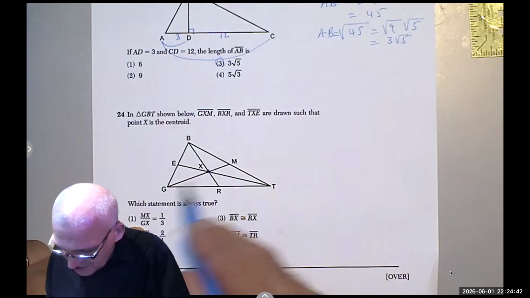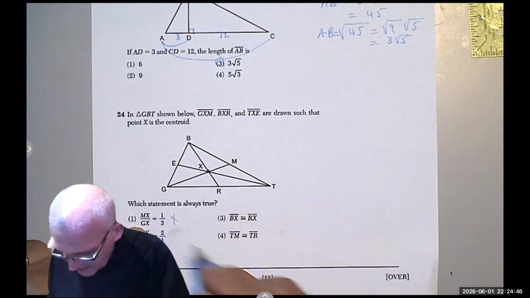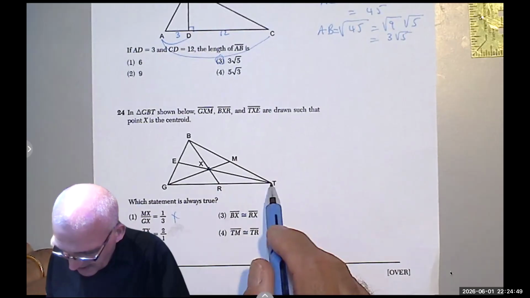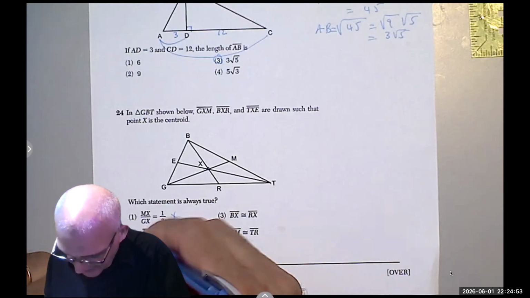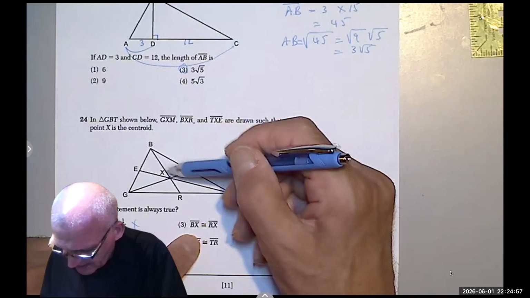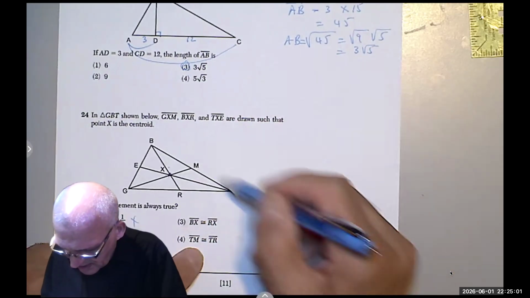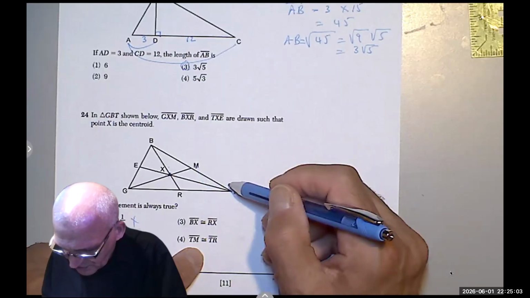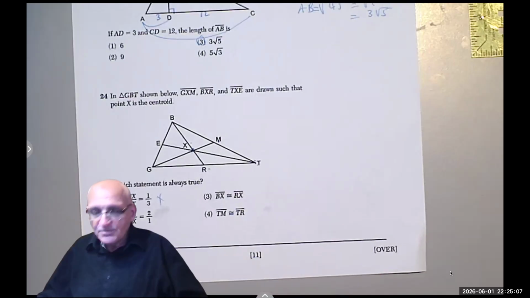MX over GX is 1/3? No, it should be 1/2, so wrong. Number 2, TX over EX is 2 to 1. Yes, that is correct. Just to make sure, BX is congruent to RX? No, of course not. And TM is congruent to TR? No, of course not. So that's number 2.